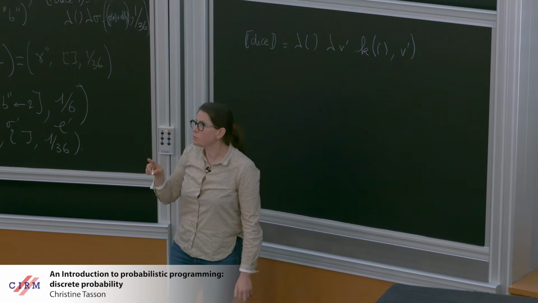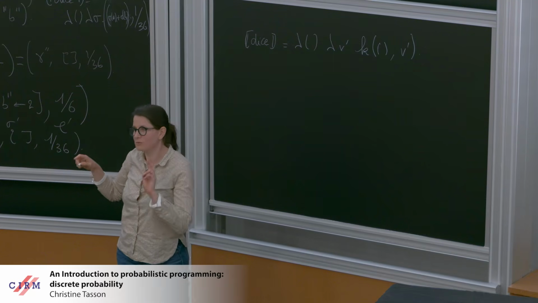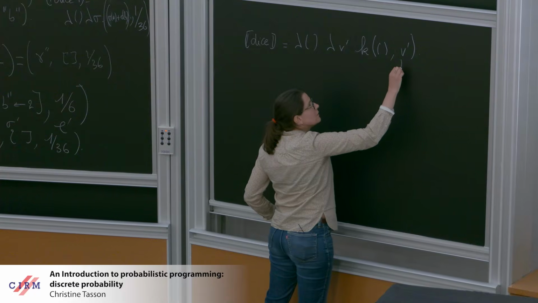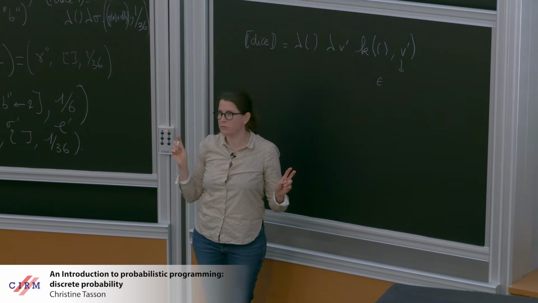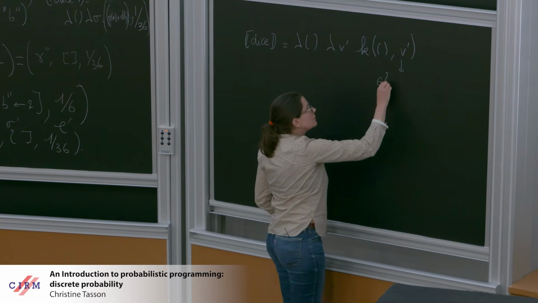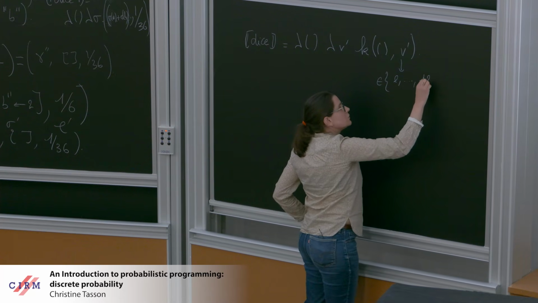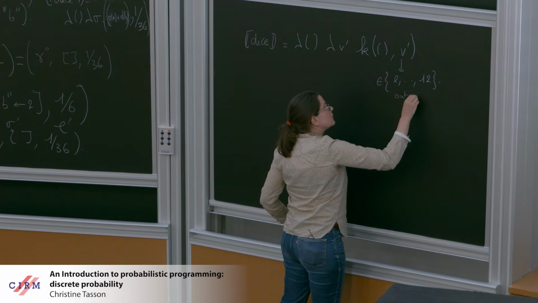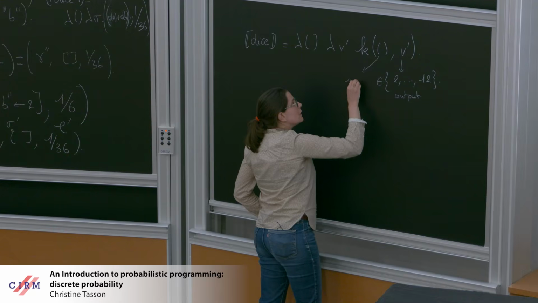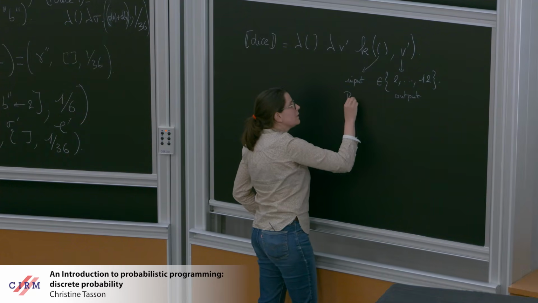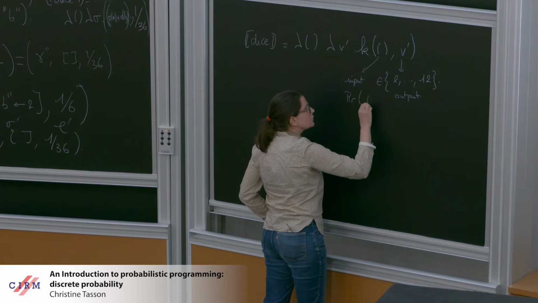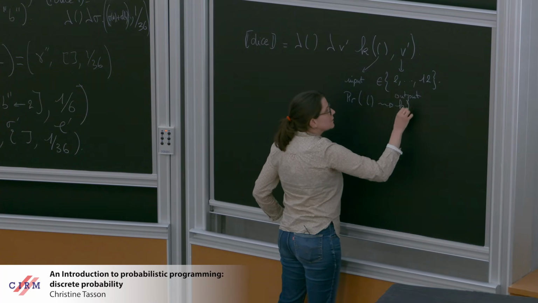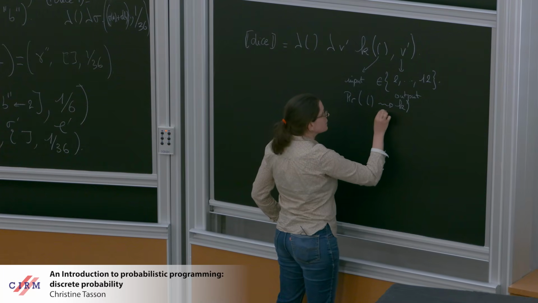V prime is the output value of my dice. Taking the sum of the two dice, what are the possible outputs here? Between 2 and 12. Okay, so that's the output. That's the input. And I want to know the probability that starting from the input, I will get whatever value in this set by performing this statement S.